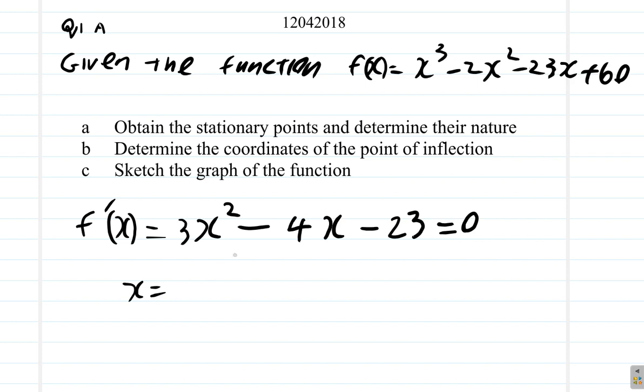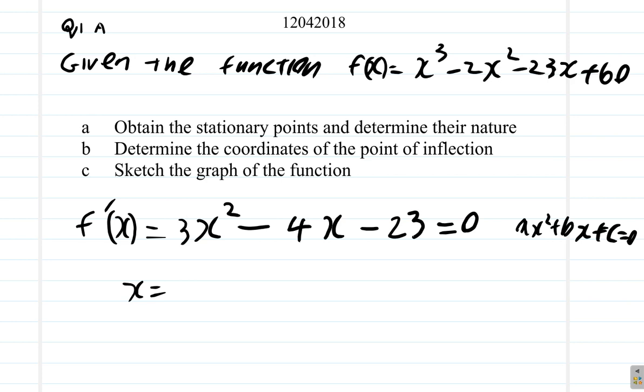x equals negative b. If you remember your quadratic equations and solving them, it is in the form ax squared plus bx plus c equals 0.